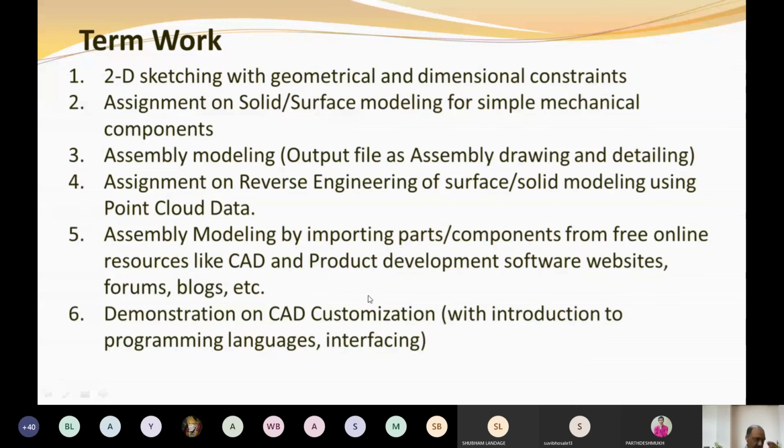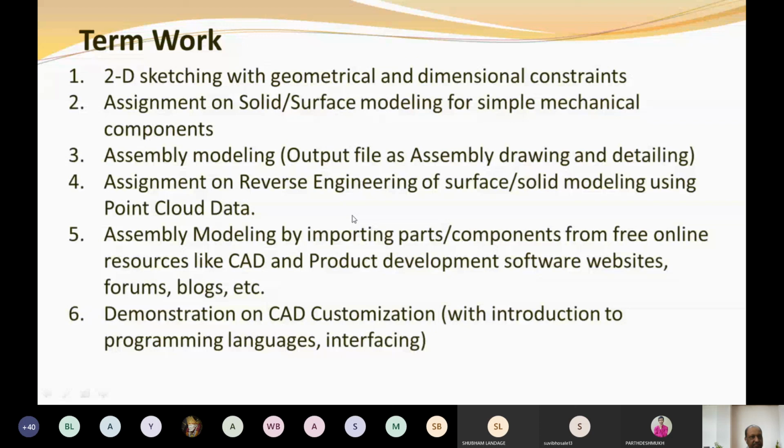Now with this we have some term work during practical. 2D sketching with geometrical and dimensional constraints. That means in a 3D modeling software we also have to start with 2D. So we will see what are the different facilities of 2D sketching, and what are geometrical and dimensional constraints.